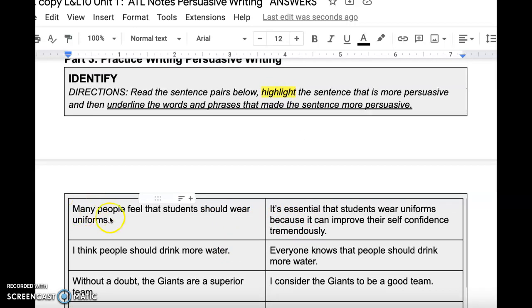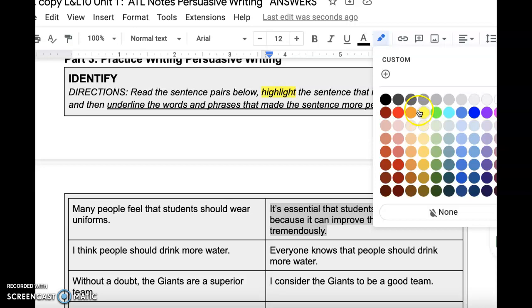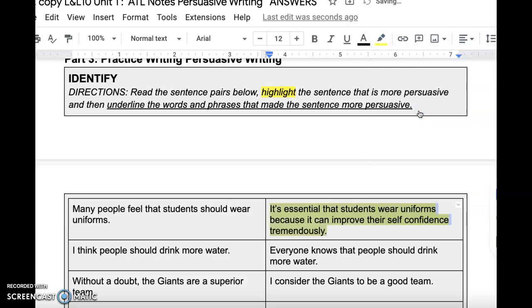On the left, it says many people feel that students should wear uniforms. On the right, it says it's essential that students wear uniforms because it can improve their self-confidence tremendously. So between these, you're going to highlight which one you think is more persuasive. And I'm going to highlight this one, and I'm going to underline what I thought it was.